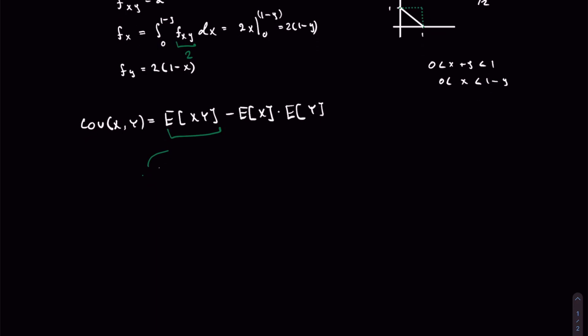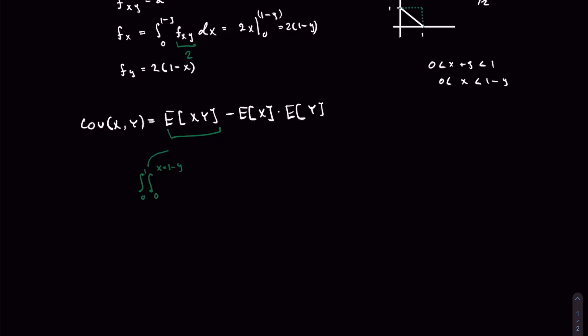So we do the double integral over x and y. Let's do first over x, from 0 up to 1 minus y, and then over the remainder, which is 0 to 1.